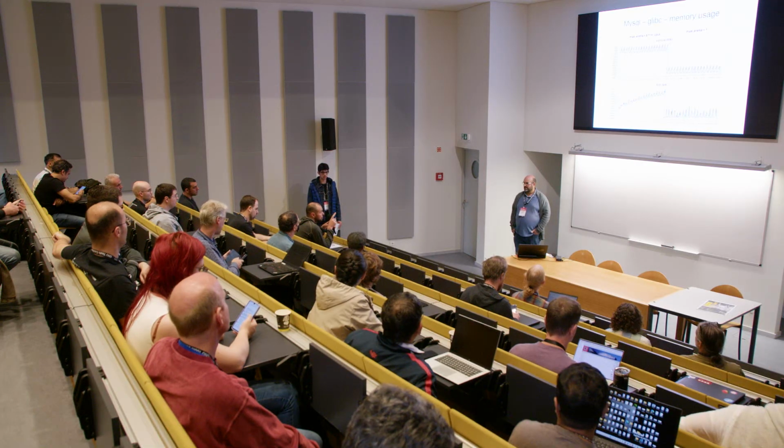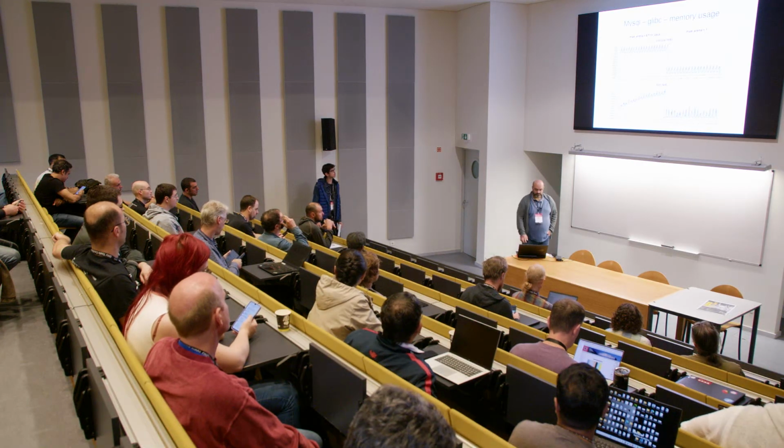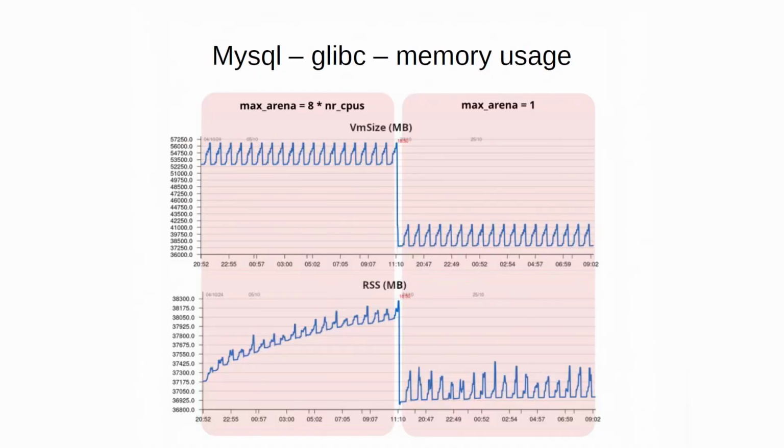Okay, I'm a bit confused. I assume this is the MySQL server process we are looking at. Yes, it is. Each time you see a bump like this, it means lots and lots of threads being created and freed inside MySQL, not the clients connecting. This lower bar at the bottom is for fewer threads.